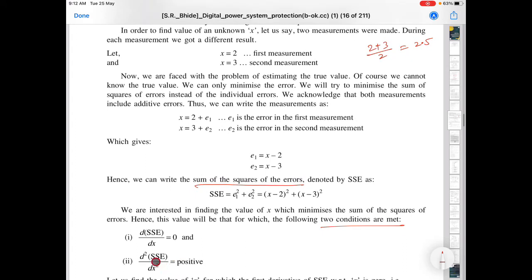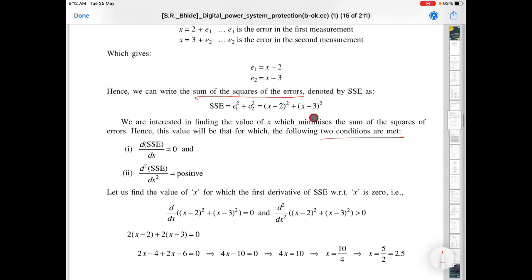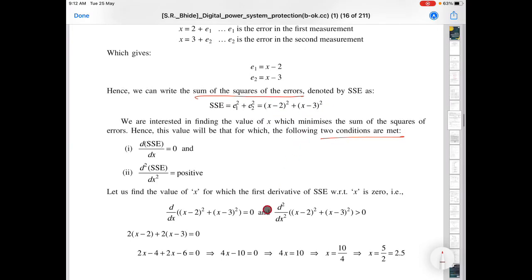You differentiate once again, and whatever you get on the second differentiation, if the value is positive, then the value you got in the first condition is true. For example, you differentiate this, equate it to 0, and double differentiate it, and it should be greater than 0, that is, positive.